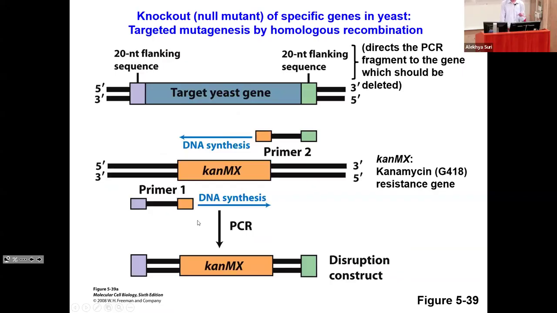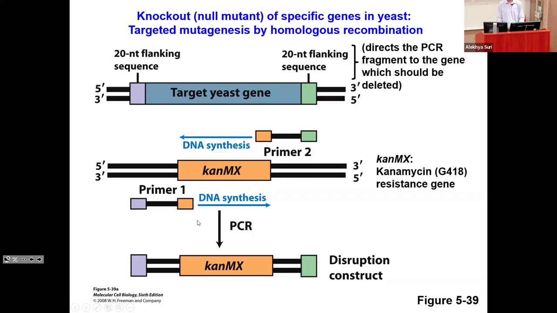I go from the low-level organism, yeast, where for example 4,500 open reading frames were individually deleted. So there are 4,500 different yeast strains, and this was done by a PCR method.